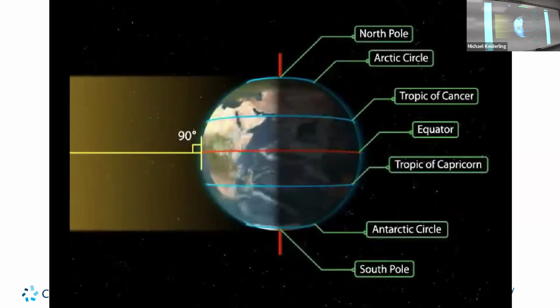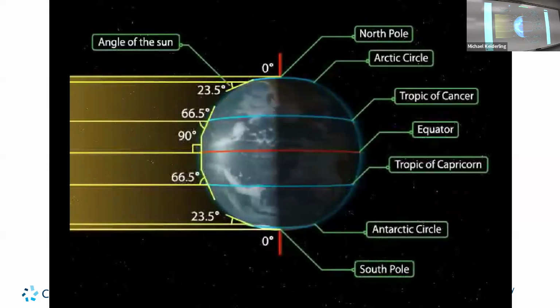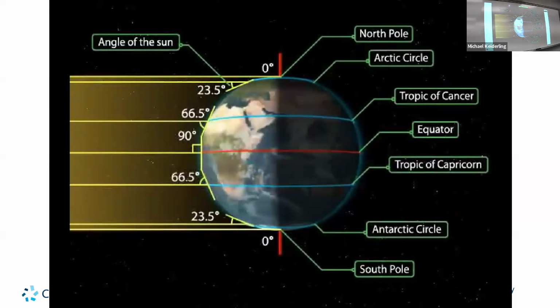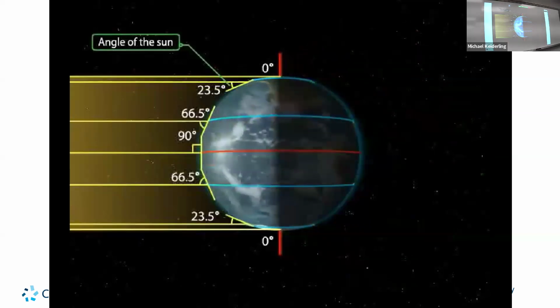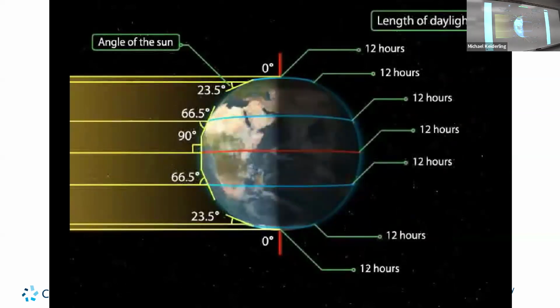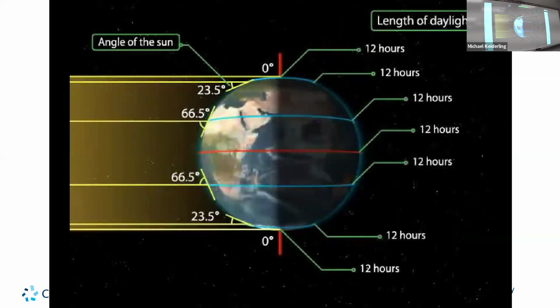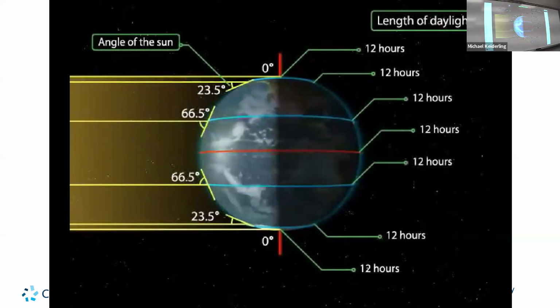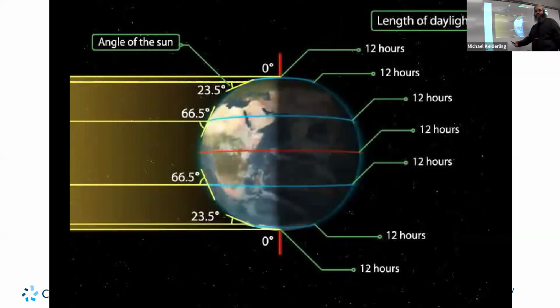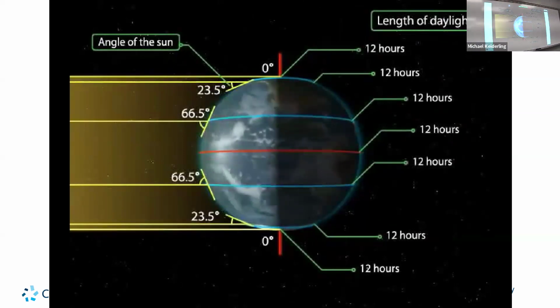The angle of the sun decreases towards the poles. On this day, the two hemispheres receive a similar amount of solar radiation, and the length of day and night is the same at all places on the Earth.